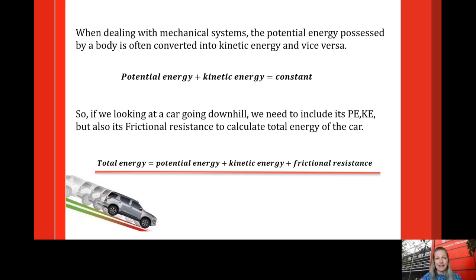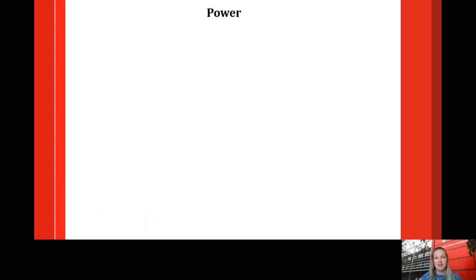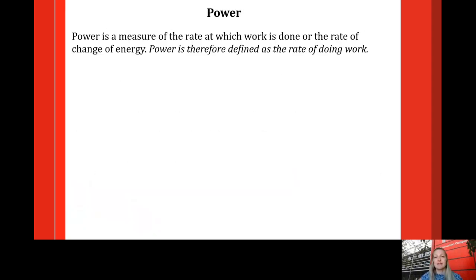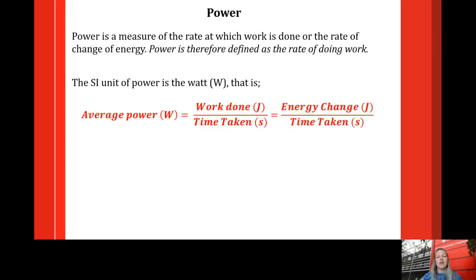So guys, when we're looking at energy, we also want to think about things such as power. Power is really important. It is a measure of the rate at which work is done or the rate of change in that particular energy. Power is therefore denoted as the rate of physically doing some work. The actual SI unit for power is watts.